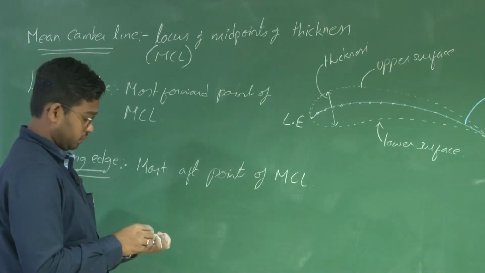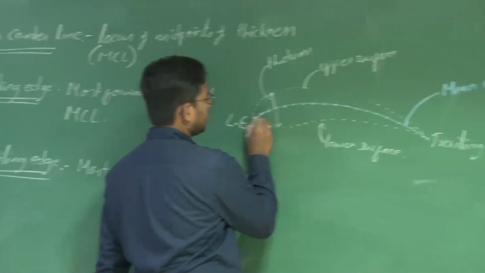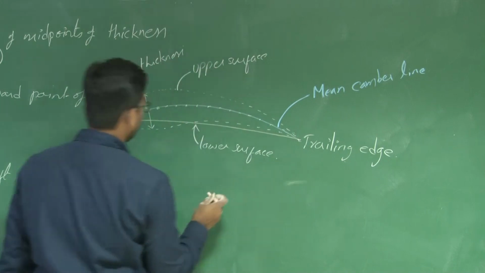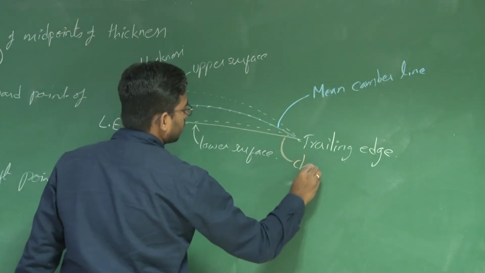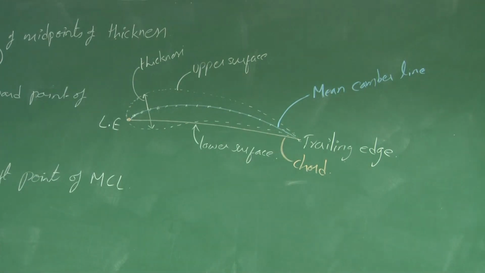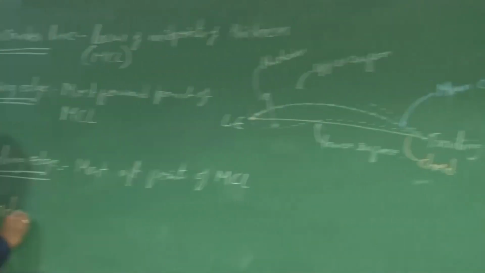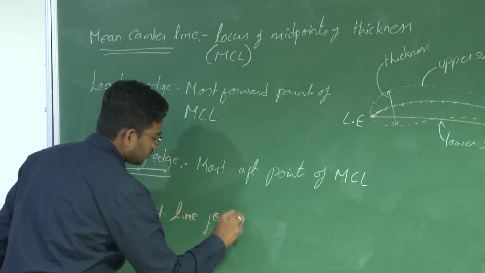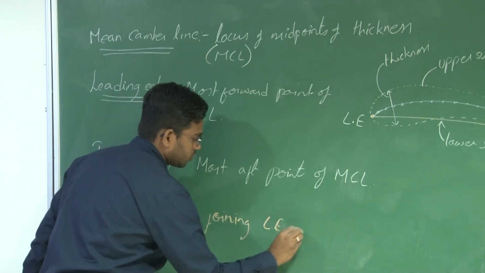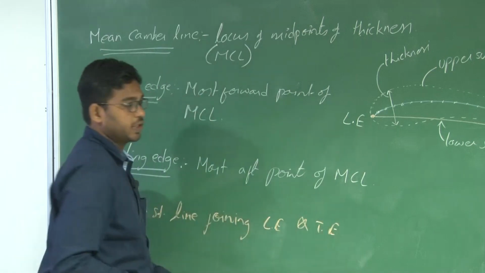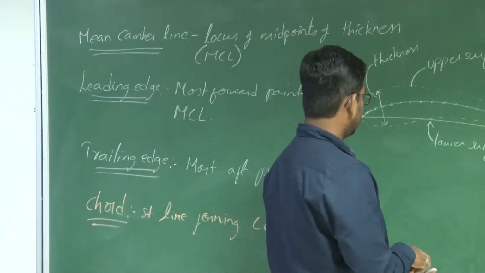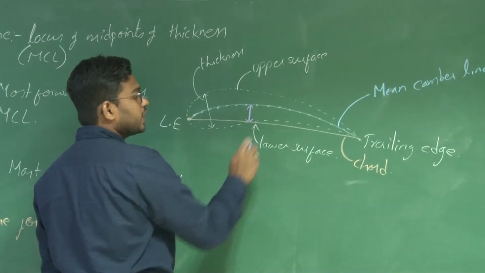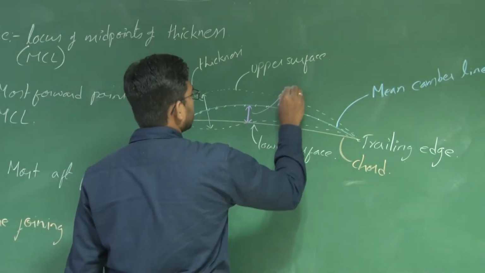A straight line joining this leading edge and the trailing edge is known as chord line. This is my chord. Now comes the camber. The distance between this mean camber line and chord line is known as camber.